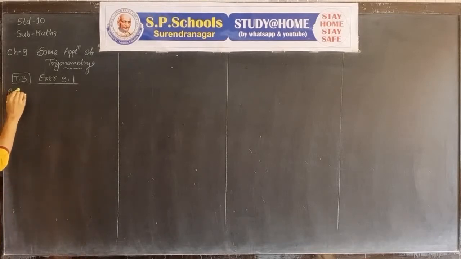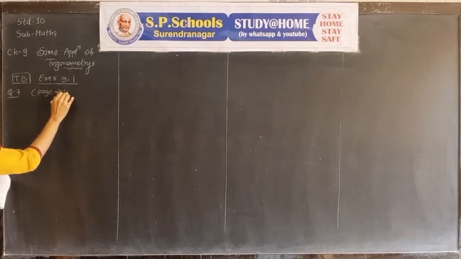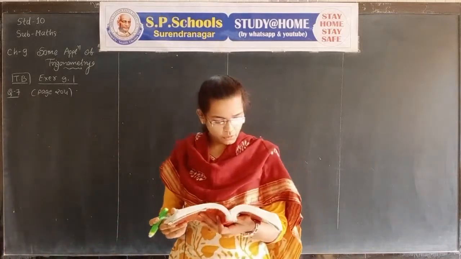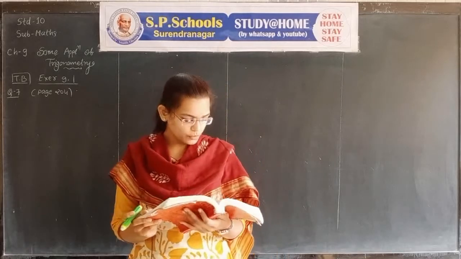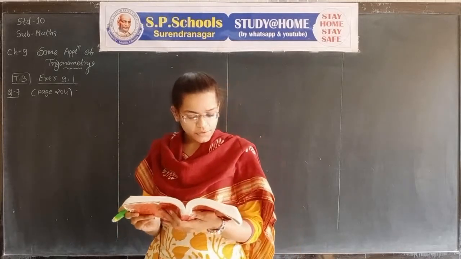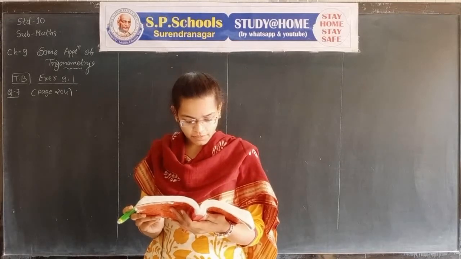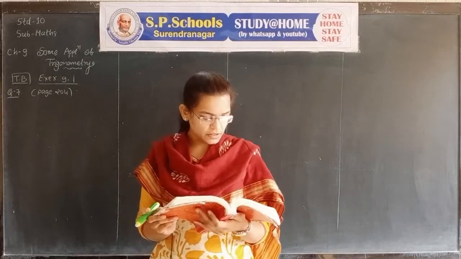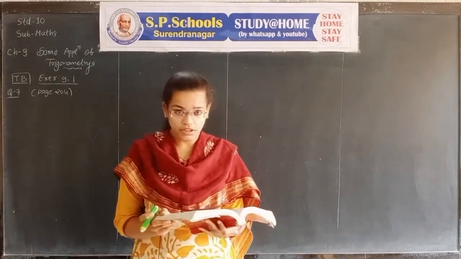Seventh number. See the question on page number 204. From a point on a ground, the angle of elevation of the bottom and top of a transmission tower fixed on top of a 20-meter high building are 45 degree and 60 degree respectively. Find the height of the tower.